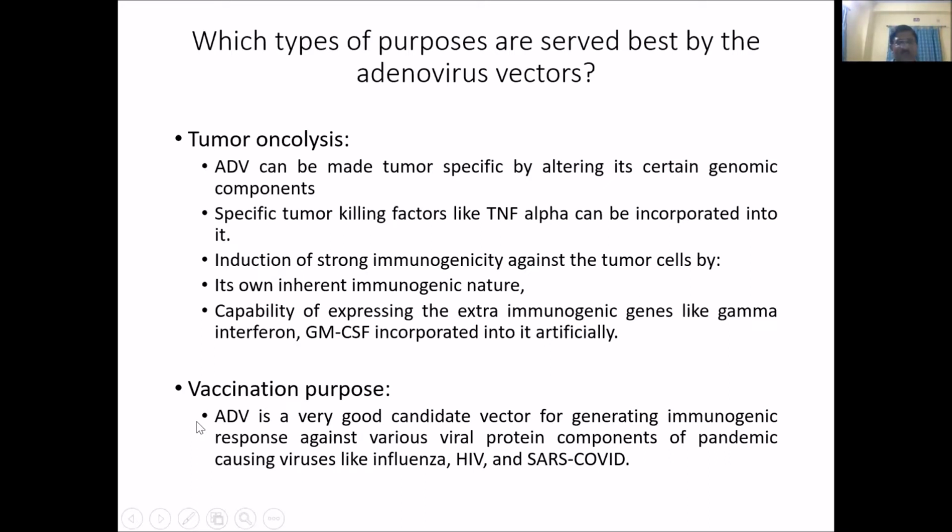The second one, as we all know now, is the use of adenovirus for vaccination purposes. It is a very good candidate vector for generating immunogenic response against various viral proteins, particularly of pandemic nature, like viruses causing influenza, HIV, and SARS-CoV-2.